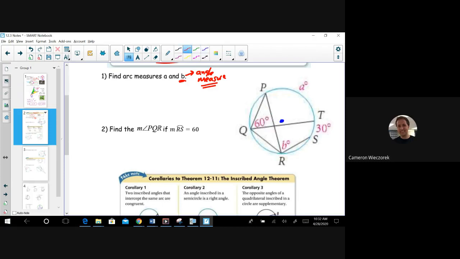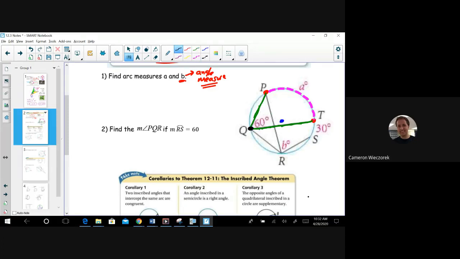So I'm going to look at arc A. And I notice arc A starts at point P and it ends at point T. So I'm looking at this pink arc, little rainbow. Take your pointer fingers, put them on P and T, and I want you to trace them back along the chords until you hit one point. So take your left hand, trace it back. Take your right pointer finger, trace it all the way back until you hit a point on the circle, and you'll see that they meet up at point Q.